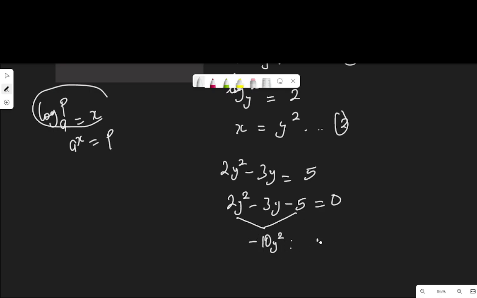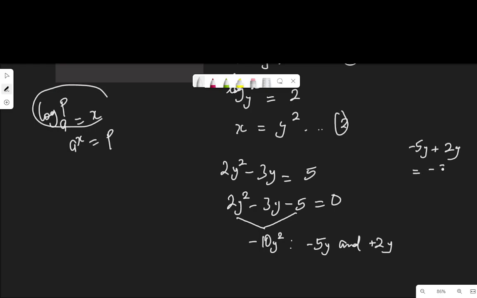Factors of 10 are 5 and 2. Now I'm talking about factors in y, so that's 5y and 2y. How do I add 5y and 2y to get negative 3y? This has to be negative and this has to be positive, so that I have negative 5y plus 2y, which of course is negative 3y.